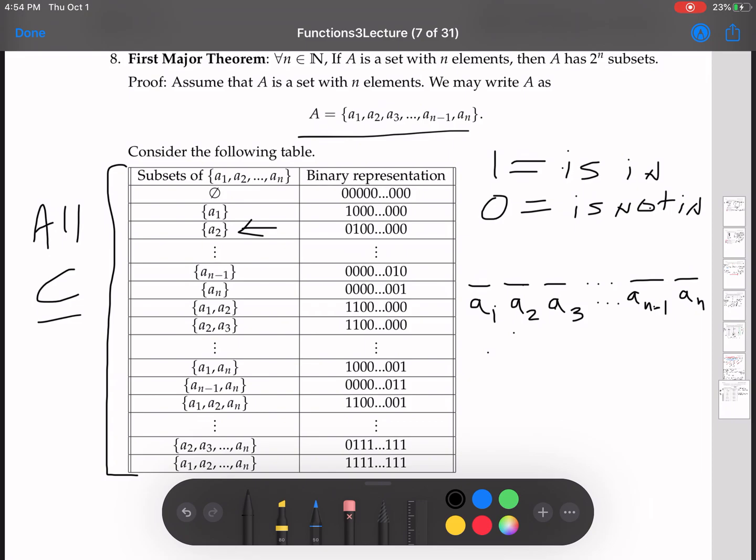Similarly with A2, the set containing A2, A1's not in there, A2 is, and nothing else is. That's how we get that code. AN, the set containing AN. Well, let's see. AN is in there, and nothing else is. That's how we get that code.